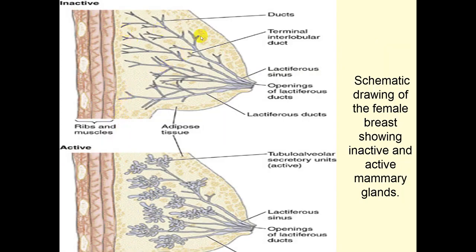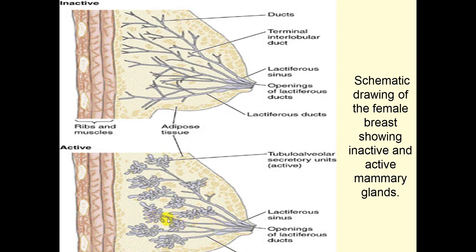Now you see the upper picture. It is an inactive mammary gland before pregnancy. You can see only the lactiferous ducts and sinuses, which open in the nipple, and a lot of white adipose cells and connective tissue. But during pregnancy, the mammary gland gets further development.